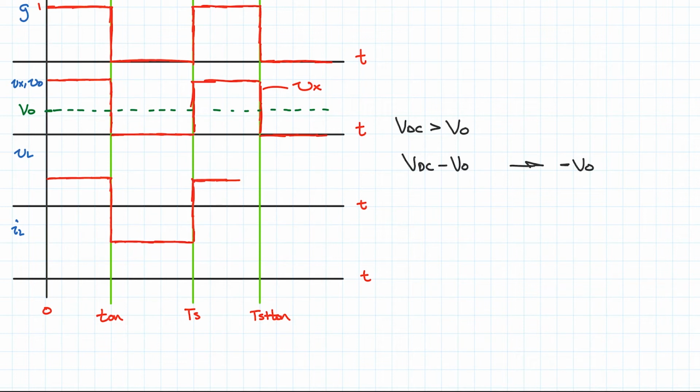But as I said earlier, drawing these waveforms has a lot to do with breaking things up into subcycles, I guess, is the way I would put it. So this voltage here is VDC minus VO, and this voltage here is minus VO. So it varies between these two values.